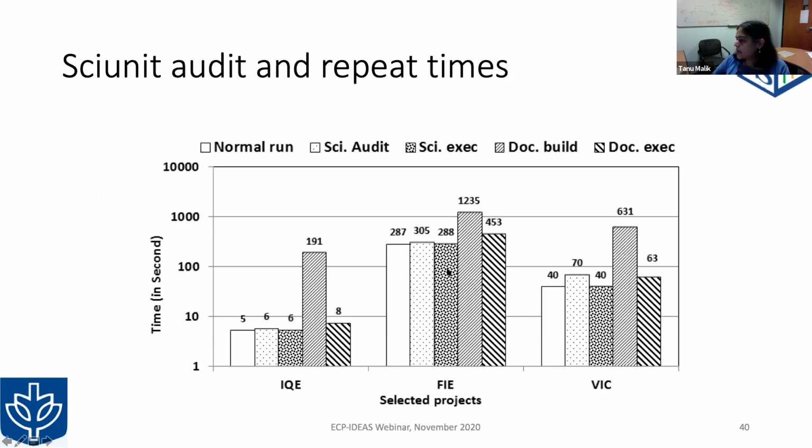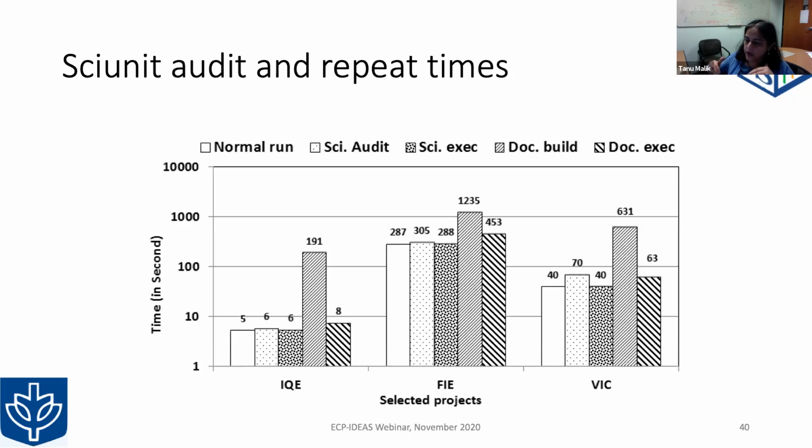But if you look at the Sciunit times, they are fairly close to the application's normal runtime. The little bit of overhead that we are seeing is because of intercepting as well as copying the data. So audit time is more than the execution time, but execution times are very close to the normal runtimes. For Docker, we are seeing an increase in execution time, and that is coming not from the execution of the application, but because we have a layering of the file system.